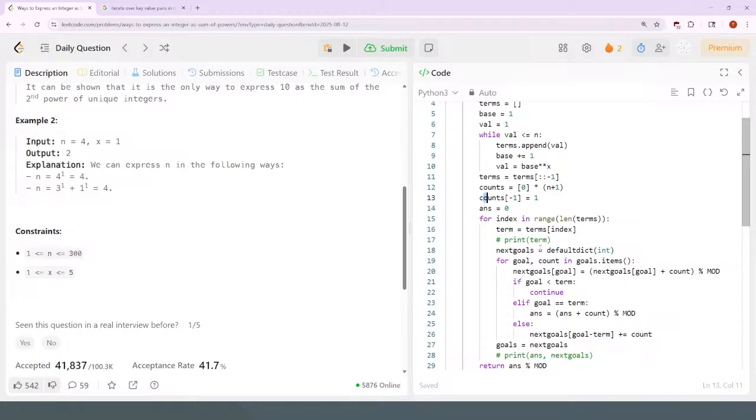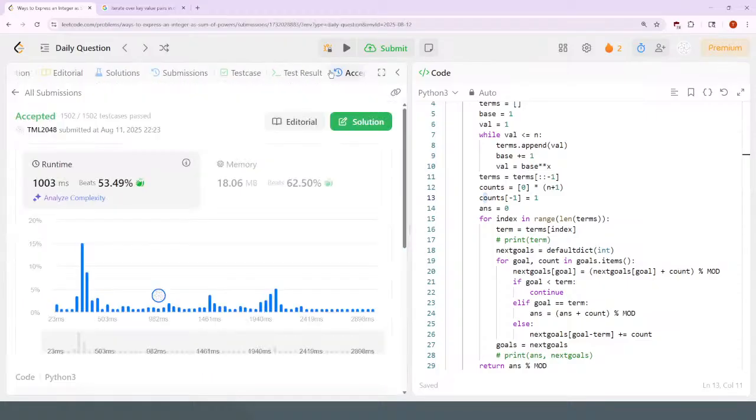Every goal value. I could go through the goal values in order, skipping the counts that are 0. I guess that caps to like 300. Is that faster?